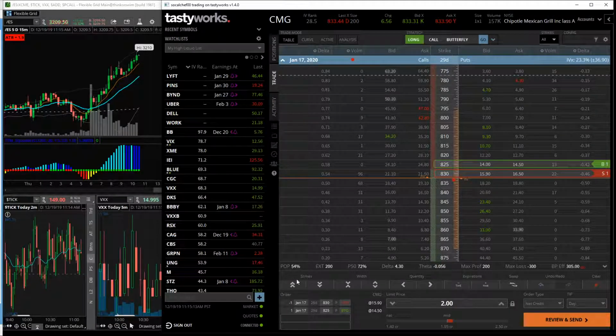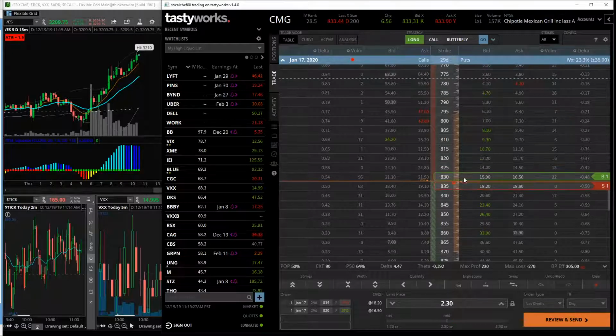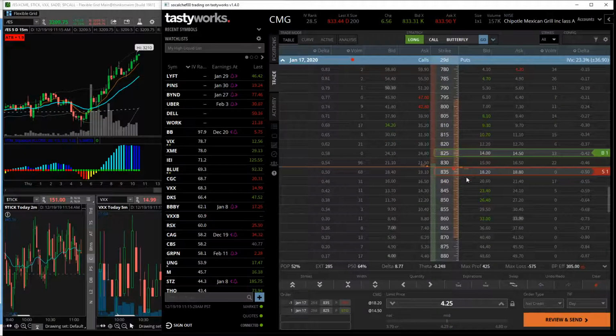But you only have about a 50% pop, depending on their stats here. This one says 72% P50. But you need a move. If this thing went $5 against you, you're in the money now, and it can start really hurting you.